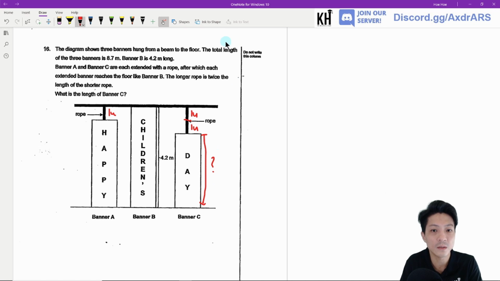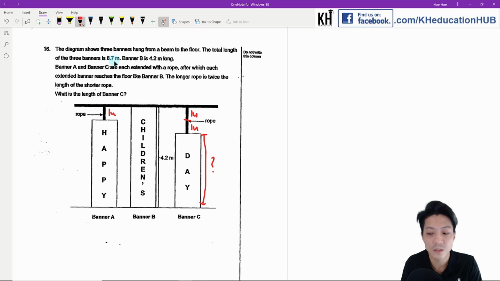The total length of the 3 banners is 8.7 meters, right?